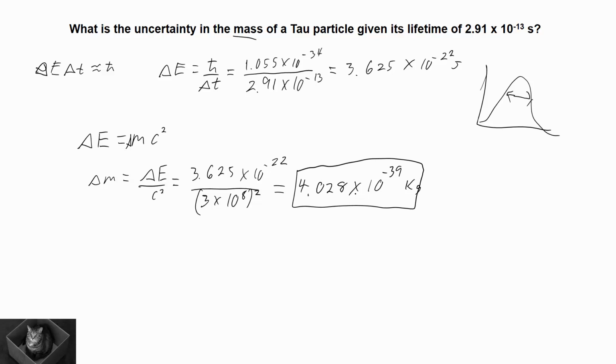Another way we can express the uncertainty in the mass, or masses in general for particles, was eV per c squared, if you remember doing that with particle physics. So doing this a different way, we can convert this uncertainty in energy to electron volts.